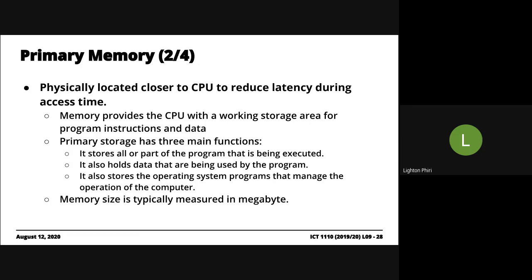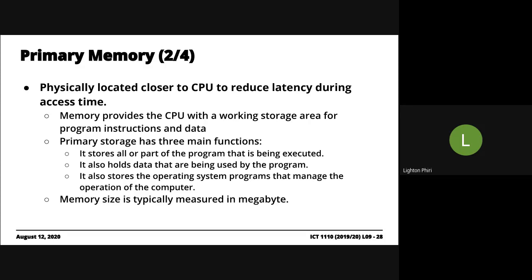So to ensure that the access to the instructions and the data is as fast as possible, the vast majority of these primary memory components are usually located much, much closer to the CPU. And I guess it's with the exception of so-called virtual memory, which is usually carved out from secondary storage. Again, primary memory will provide the CPU with a staging area from where execution of program instructions actually takes place or is initiated from.